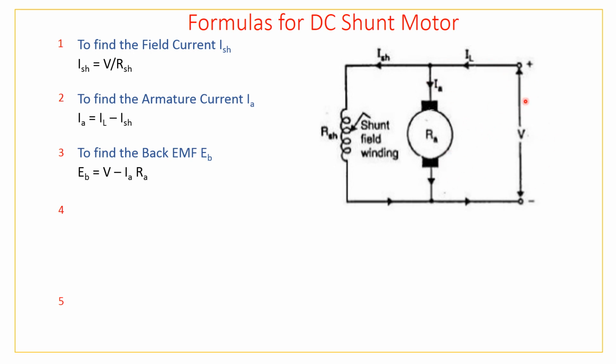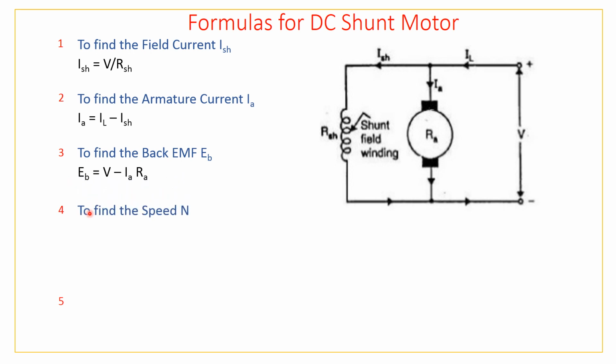Therefore when you apply KVL to this loop, you will get EB plus IA RA is equal to V, or EB is equal to V minus IA RA. So the back EMF is found as EB is equal to V minus IA RA, where IA is found as IL minus ISH. Now you have the back EMF.